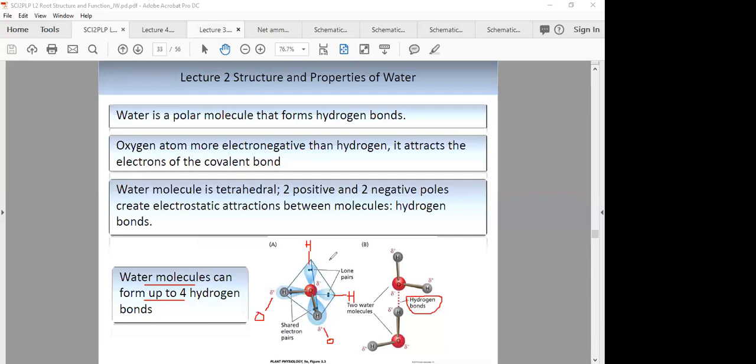So you might recall somewhere from last year that we talked about a theory of water movement in tall trees called the cohesion-adhesion tension theory. And that's where that term cohesion comes from, the cohesive nature of water molecules.